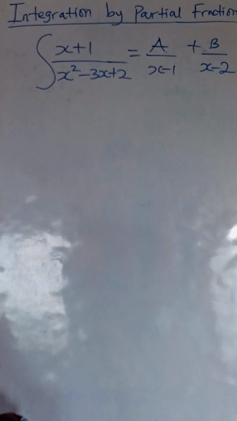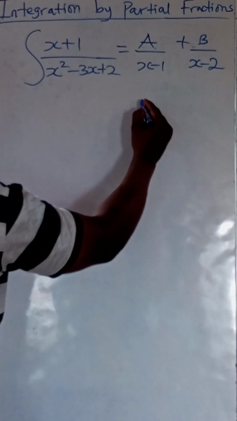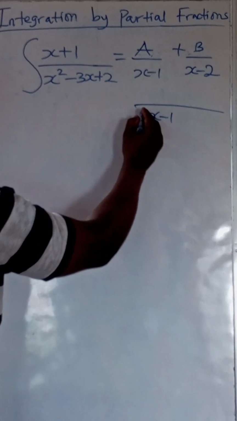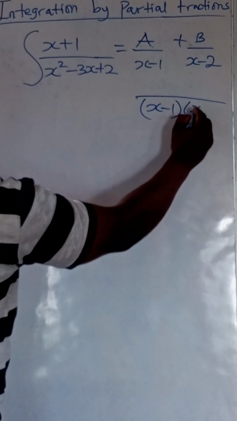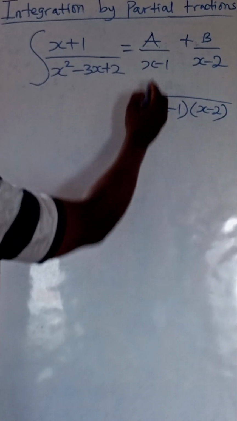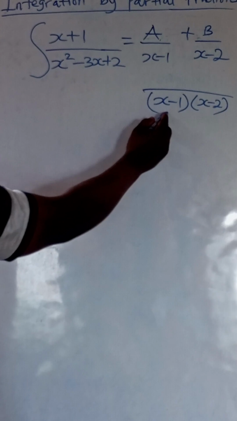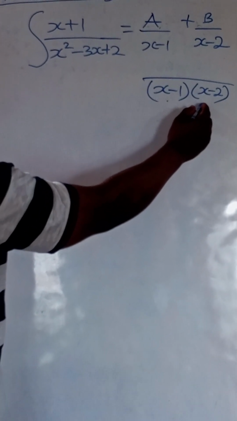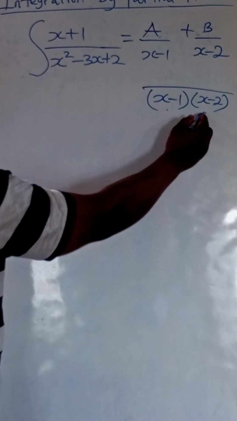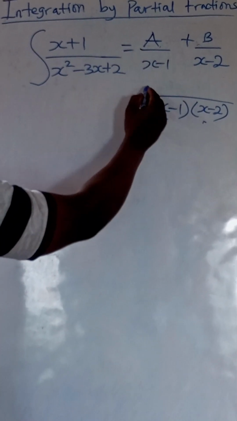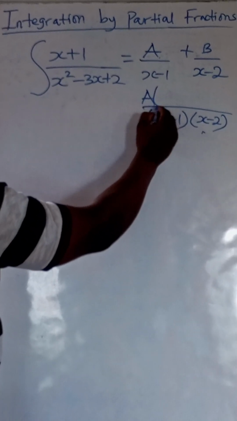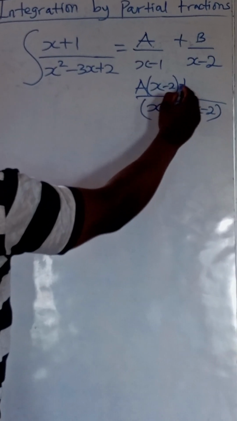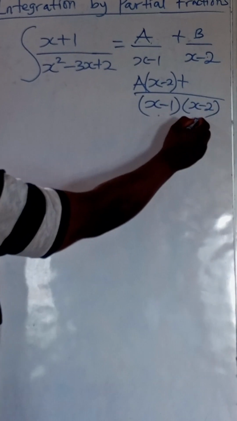Now let's continue. The next thing is to take the LCM. The LCM is x minus 1 bracket x minus 2. X minus 1 in x minus 1 cancels out. I'm left with x minus 2, which I multiply with A, which gives A into bracket x minus 2, plus x minus 2 cancels out this.